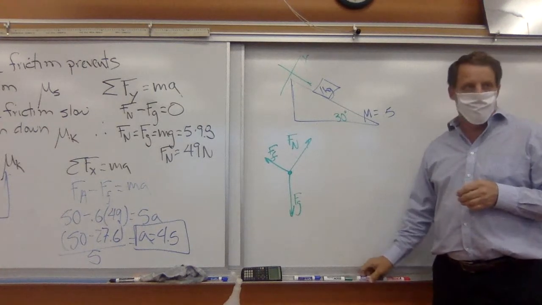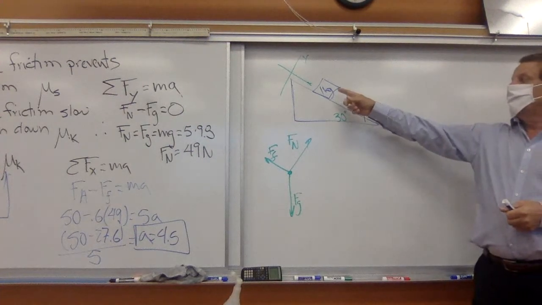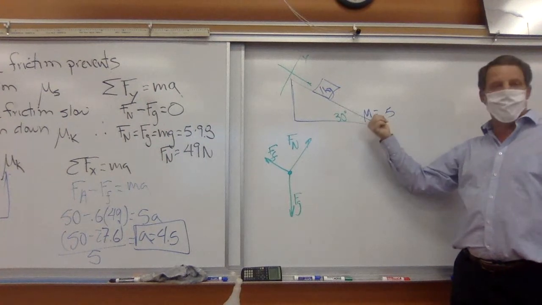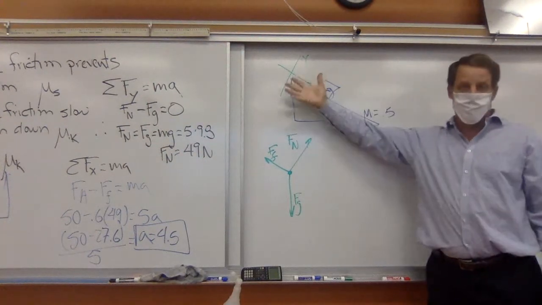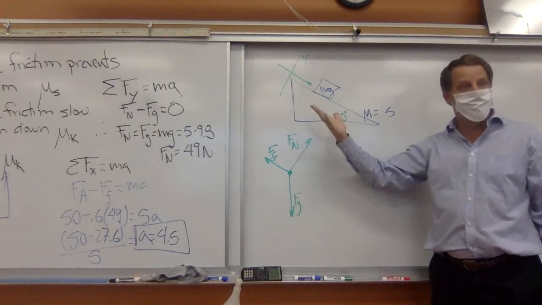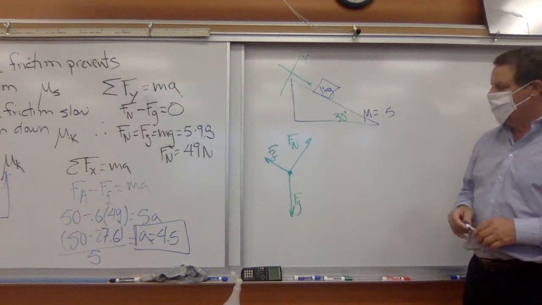But to really make this useful in solving, for example, does the object move? Well, if the object moves, this would be kinetic friction. If it is not moving, okay, then that would be static friction, and we could ask what the acceleration down the ramp is.